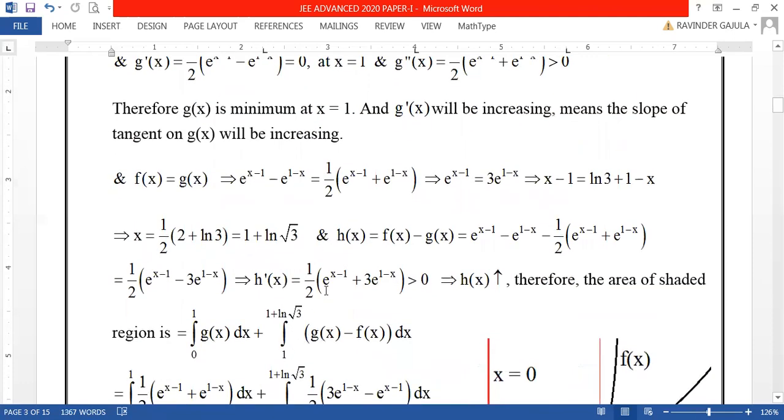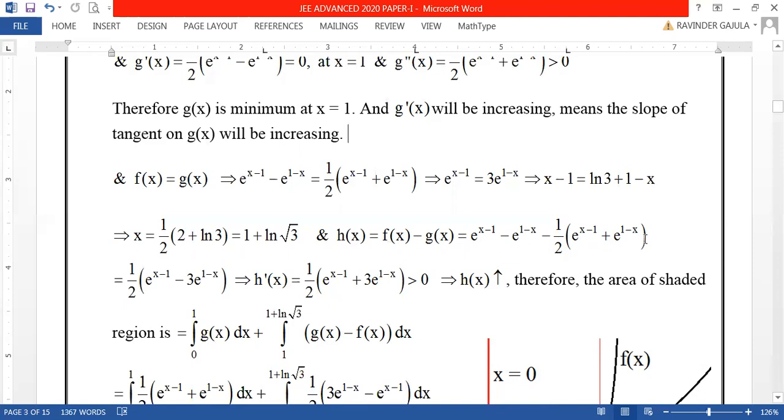Now, from this exercise, even I am finding f of x minus g of x. What will it be? Either positive or negative or changing sign. For that, f of x minus g of x can be taken like this.